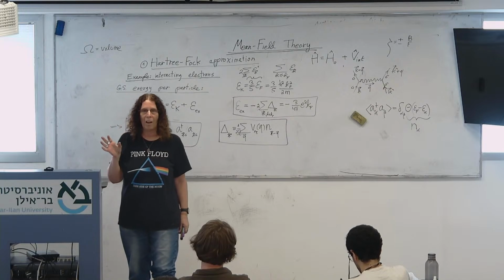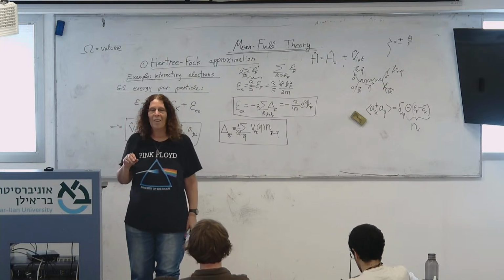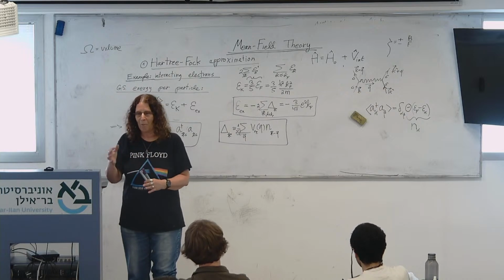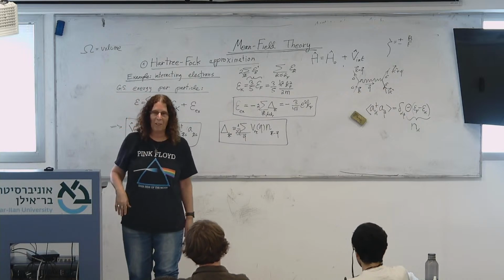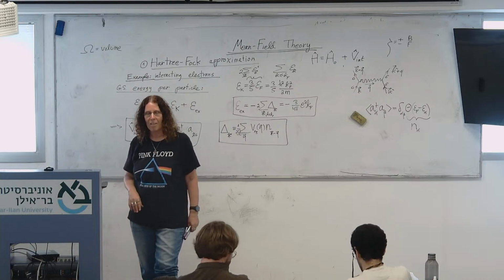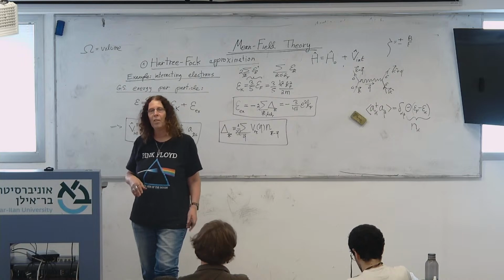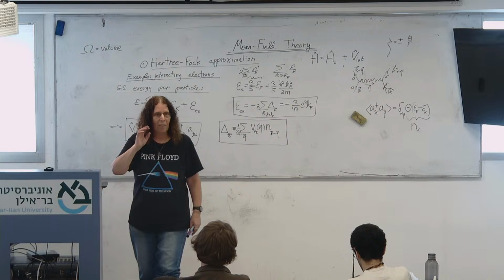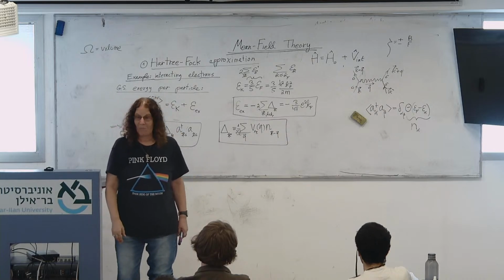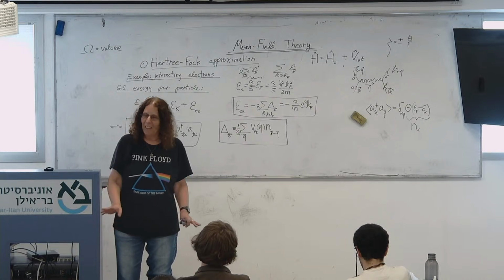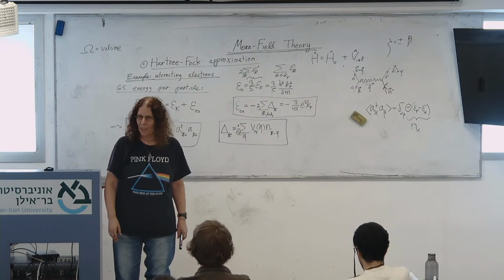Or I have to work harder to show that maybe it's justified if I resum them in some way. Actually, that's what happens, okay? In reality, there are corrections that are by themselves not negligible, but if you sum an infinite series of them correctly, you get that it's fine, okay? I don't have time to do it, unfortunately.